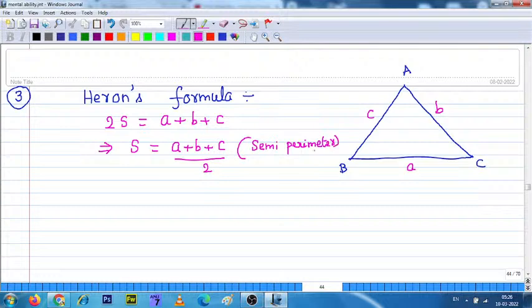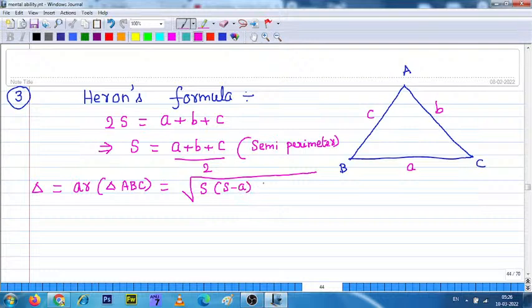Right. Now the area of the triangle is given by, Chandrahas, welcome. Yadagiri, welcome. Jaswant, welcome. So now the area of the triangle ABC, denoted by delta also, is given by root over s into s minus a, s minus b, s minus c.